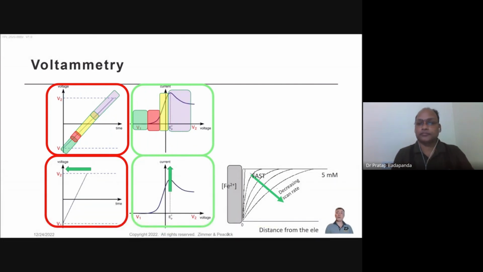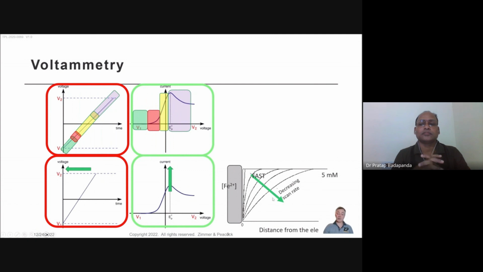When you go slowly, you actually end up depleting Fe2+, and it becomes Fe3+. And so the diffusion gradient is shallower the slower you go. And this gradient, I'm going to explain in a minute, is actually what drives the peak current. So sharp gradients, i.e. those of fast scan rates, actually give you higher peak currents.